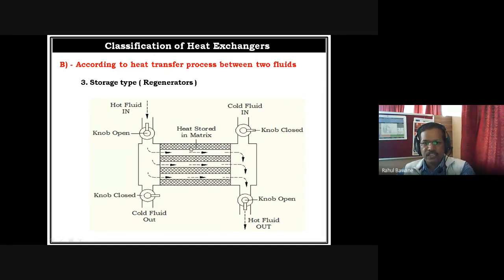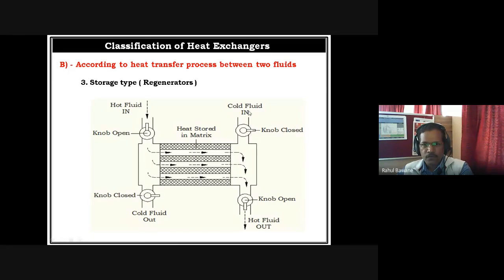After, suppose, 10 minutes, this matrix gets heated to a sufficient level. After that particular time period, we close the hot fluid inlet valve and exit valve. Now there is no hot fluid, but this matrix has been heated because of the hot fluid gases passing. Then, after the hot fluid sections are closed, we open the cold fluid.